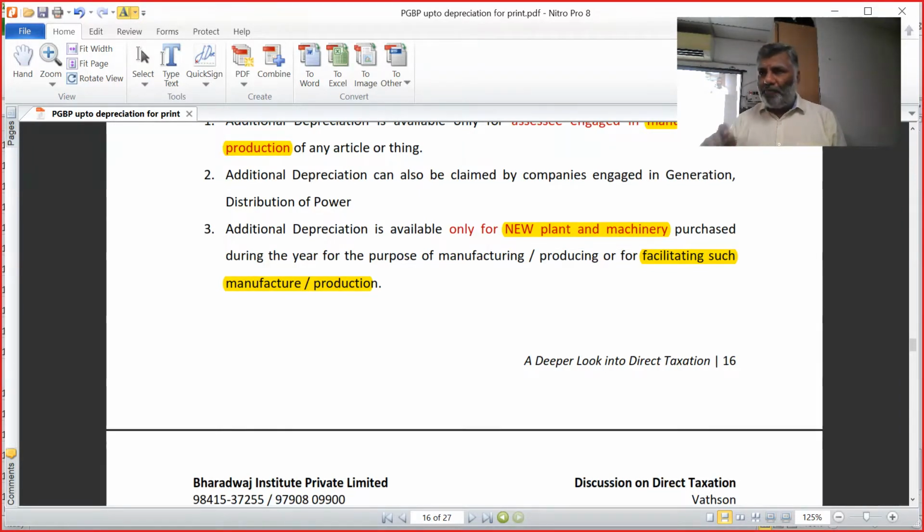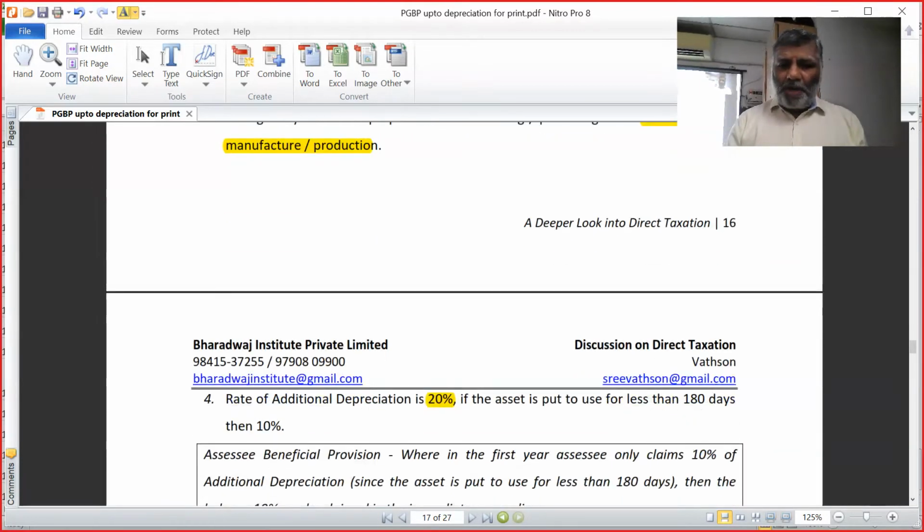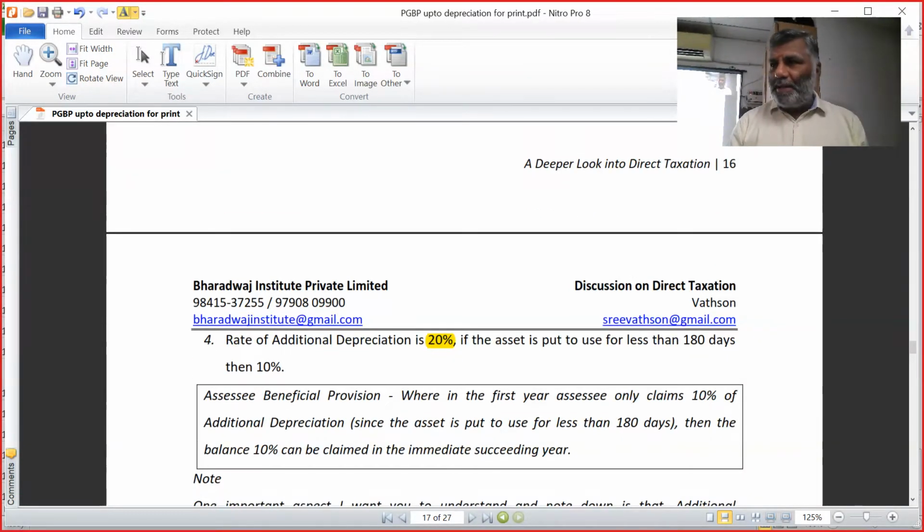It is only for plant and machinery. Rate of additional depreciation 20%, law of interpretation. If the asset is used for less than 180 days, half of the eligible depreciation, so you can claim only 10%.